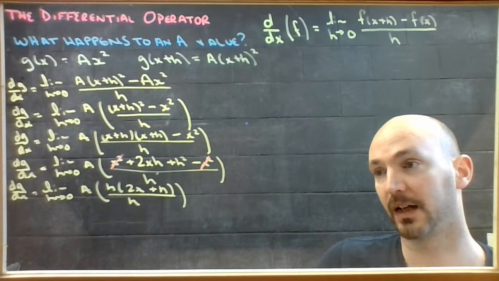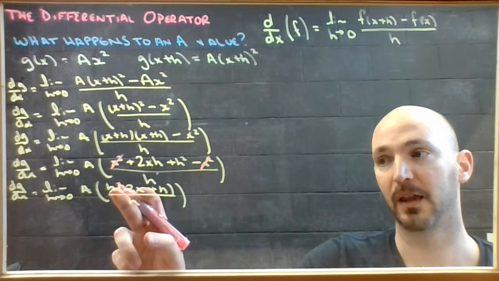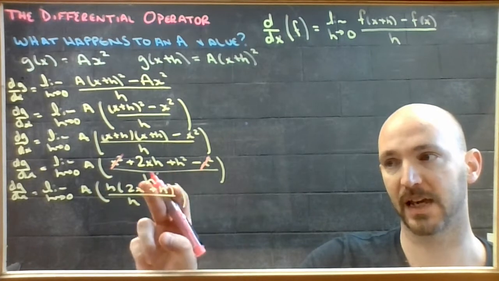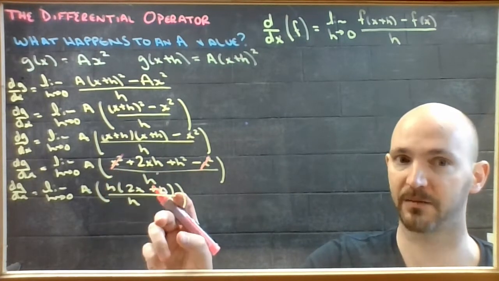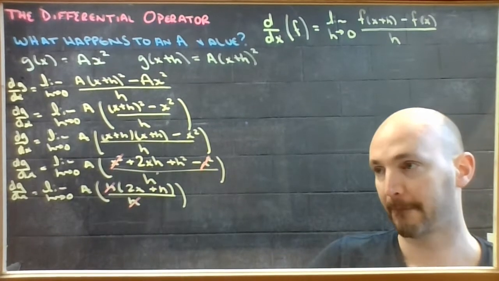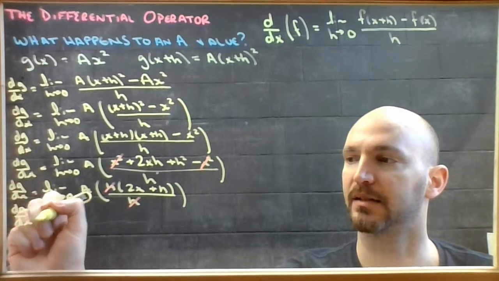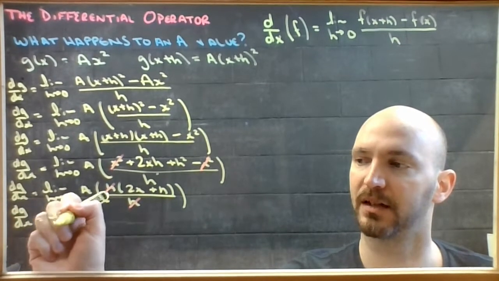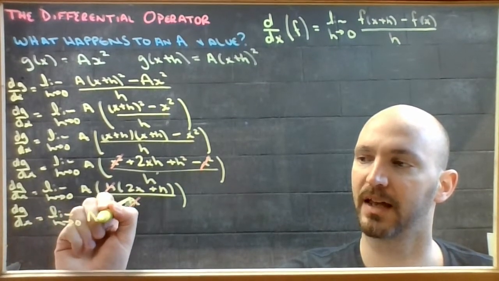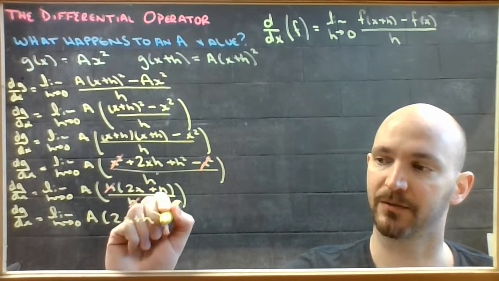And it's happened again, just like in the 1/4 x squared example. I have this 2x plus h multiplied by h divided by h. So these two have undone each other. And I'm down to dg by dx equals the limit of h going to 0 of a times 2x plus h.